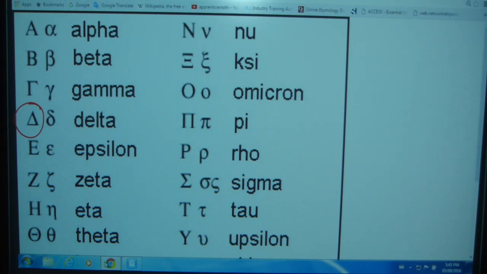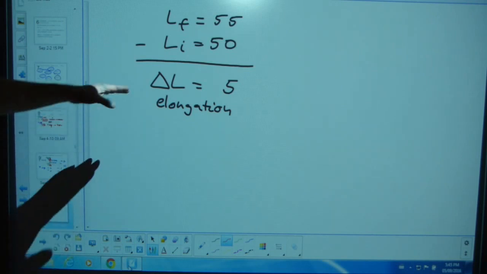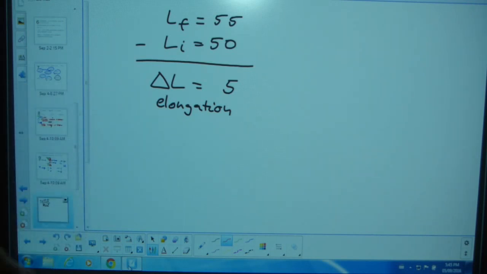It's pronounced delta, as in thorough, but if you don't want to pronounce it that way, you say delta as in Douglas. I don't care, right? So I'm going to use delta. So this delta L is 5. And there will be some more Greek letters coming up, so don't go nowhere. That Greek alphabet isn't going away.